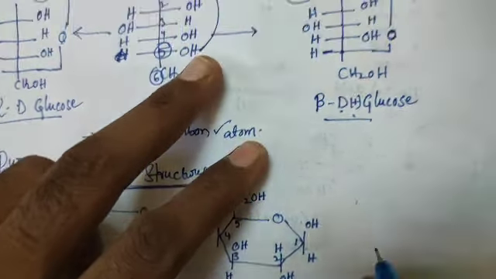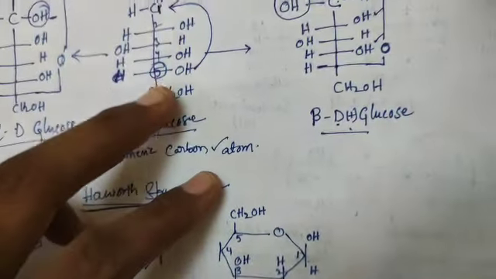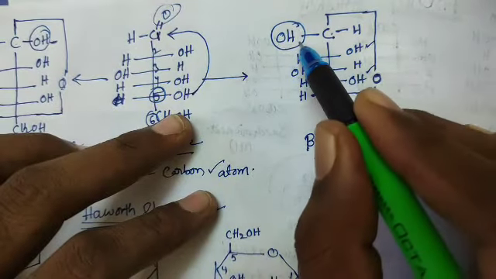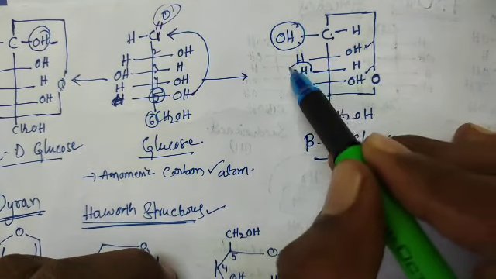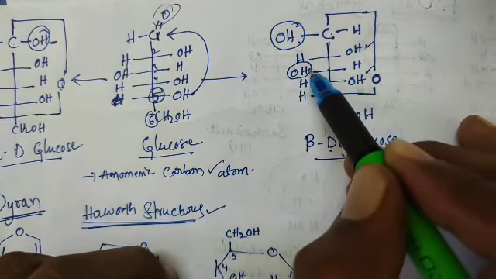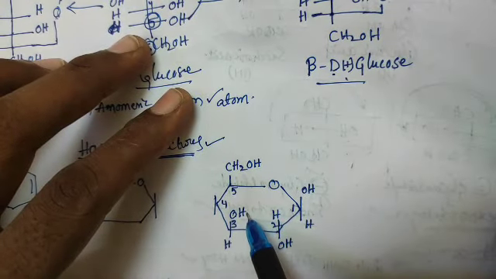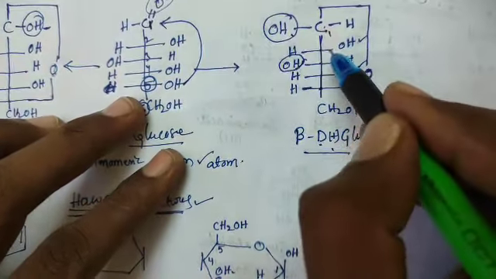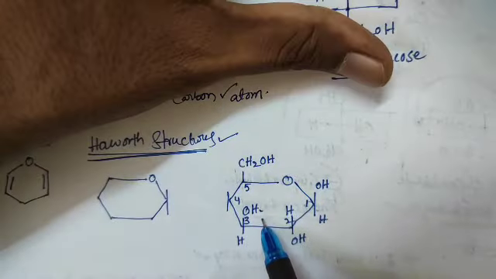All inside OH groups we will write down. So outside OH groups we will write inside. The third carbon atom's OH group is inside.